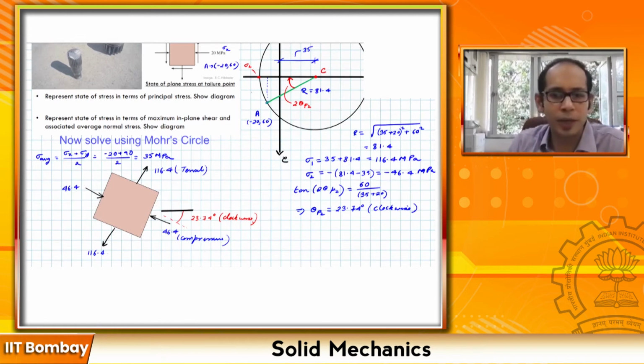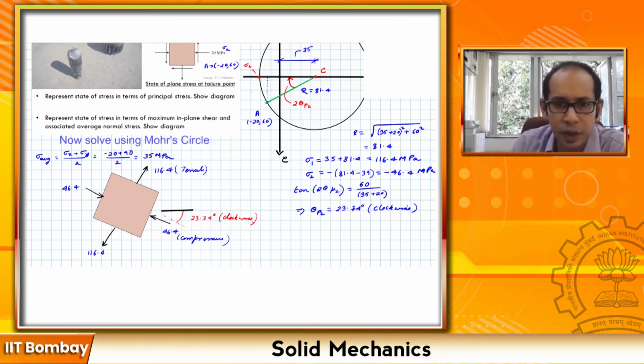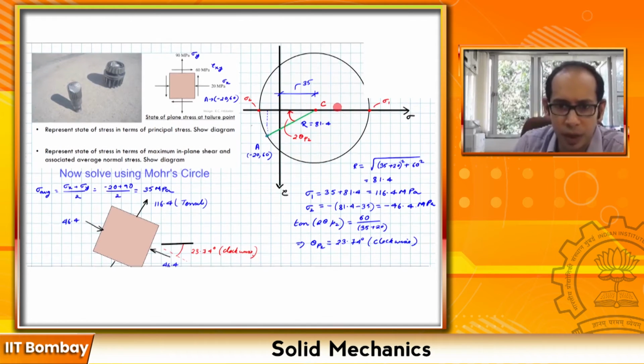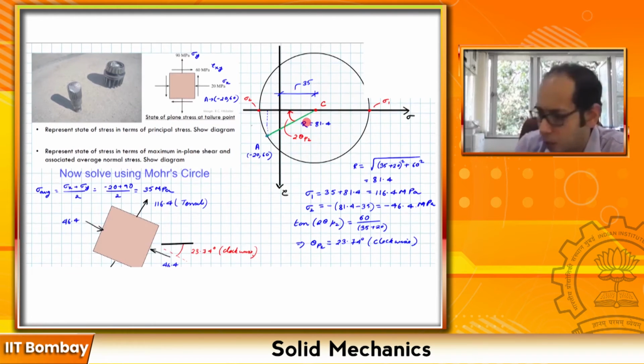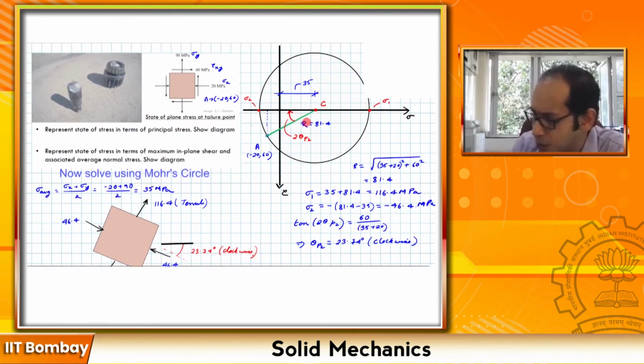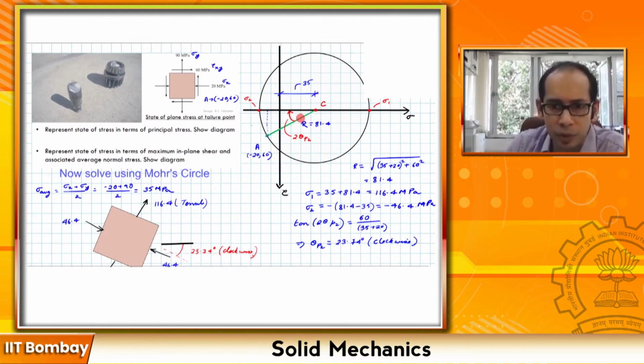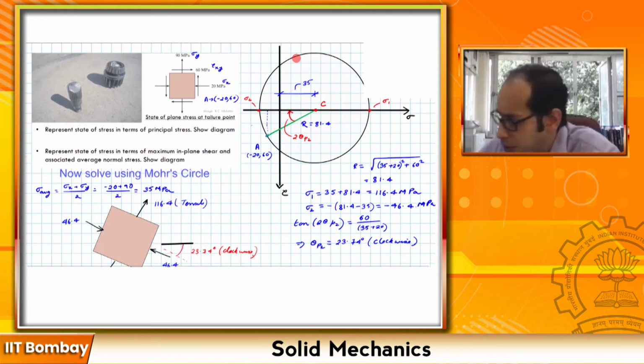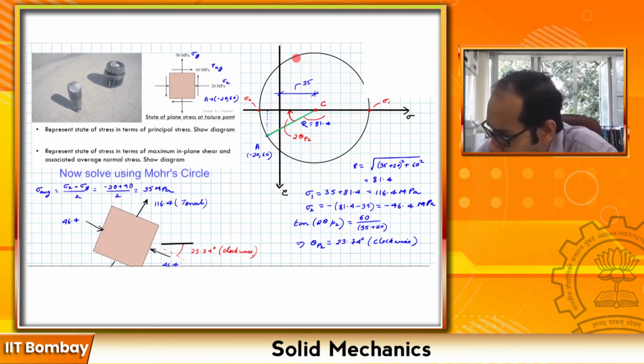Now you might be wondering, I started with this angle over here, so why don't I calculate this one and find what sigma 1 is going to be? That is also going to be the same if you mark that one. Let me do that for you. Instead of calculating 2 theta P2, suppose I go from here to this one, where the sense of rotation is anti-clockwise.